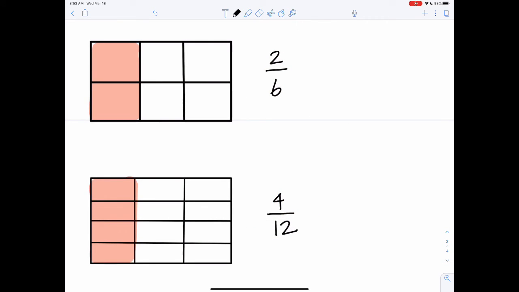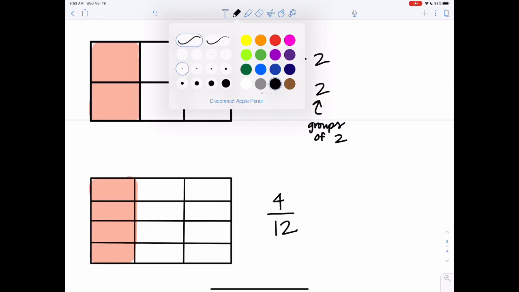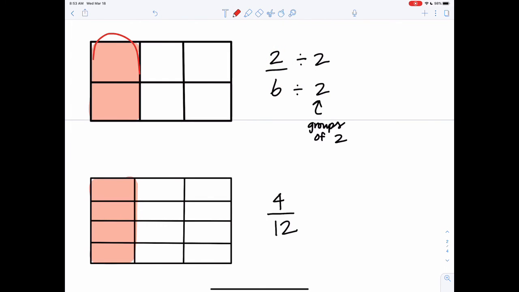Now we're going to see how 2/6 and 4/12 are equivalent. I'm going to divide my top fraction strip by equal groups of 2. I'm going to find groups of 2 and see what my fraction is equivalent to. So I have my first group of 2, second group of 2, third group of 2.